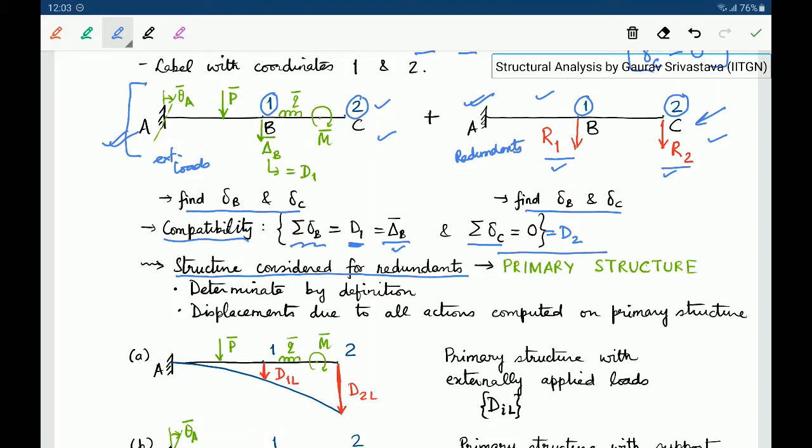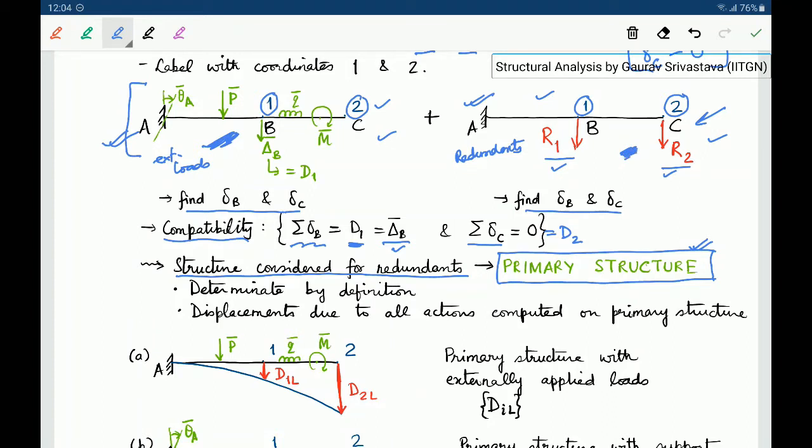This structure is called the primary structure. When we take the real structure, we remove the supports and make it statically determinate, and that particular structure is called the primary structure. We carry out the force analysis of the primary structure for the given loads as here, and for the redundants as here.